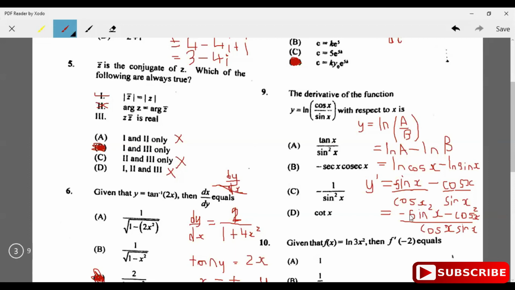Now, if you were to factor out the minus from this, then this part right here is minus 1 over cos x sine x. That's the final answer.